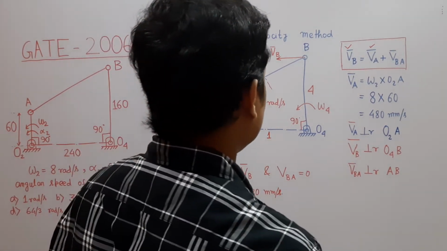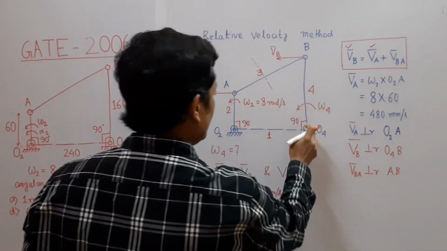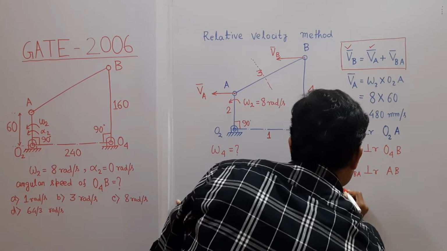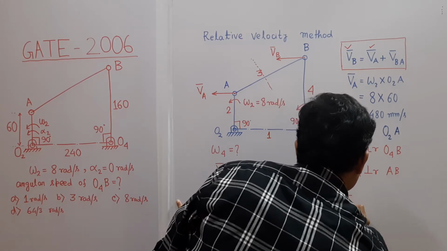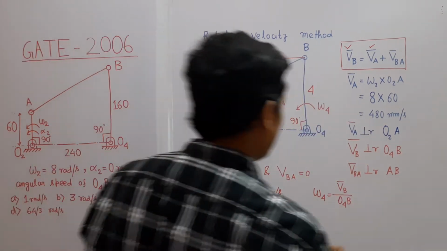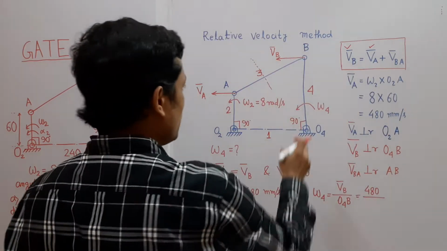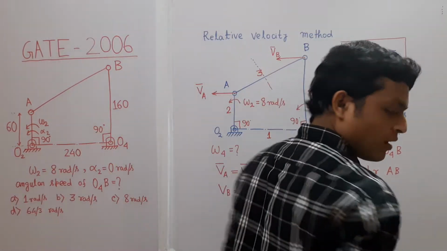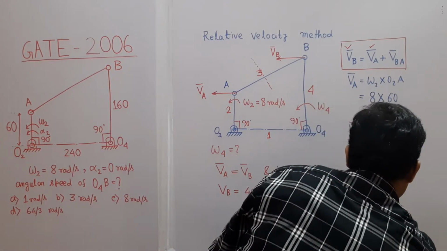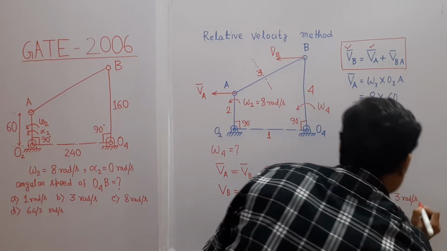Now you have to find out omega 4, that is the angular speed of link O4B. So omega 4 will be Vb by O4B, that is 480 by 160, that is 3 radian per second.